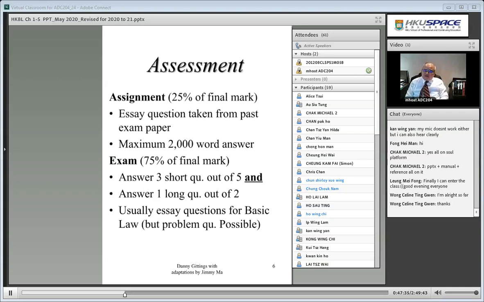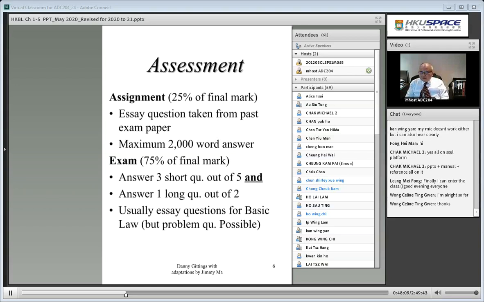Assessments, how your performance will be assessed. You will be given, if not already, an essay question to write, with a maximum word count of 2,000, and that assignment will account for 25% of the final mark. For the final exam, I think it's a 2-hour exam, or 2.5, I can't remember exactly, that you will be required to sit.